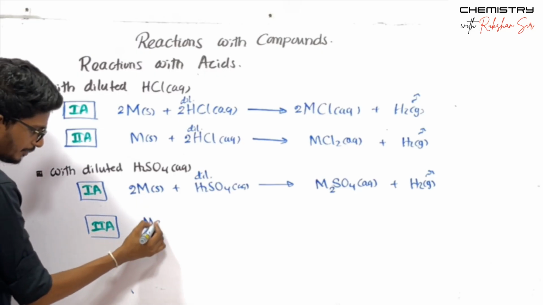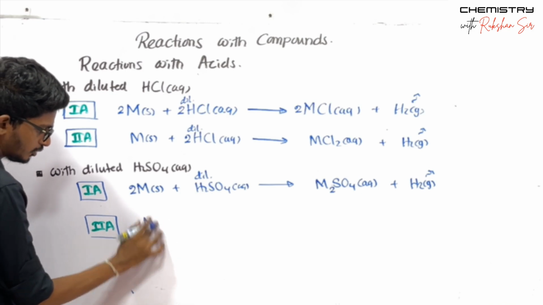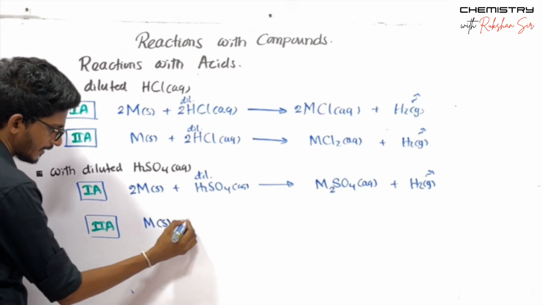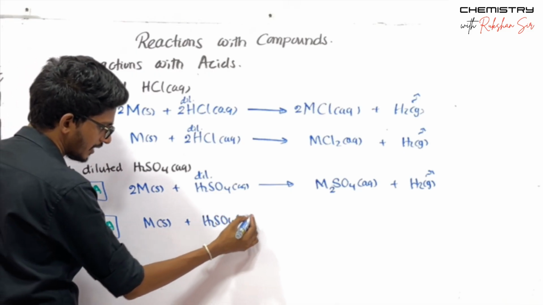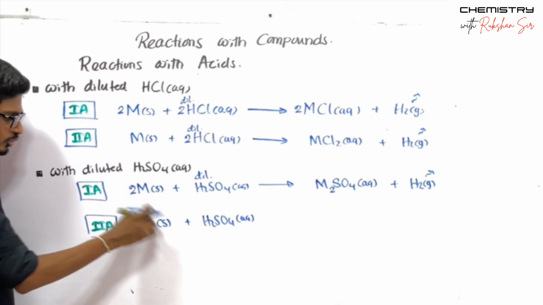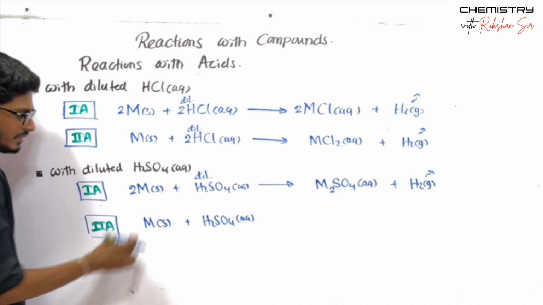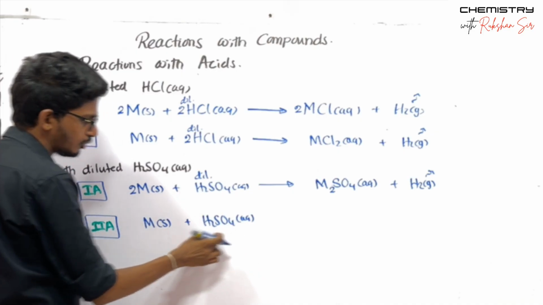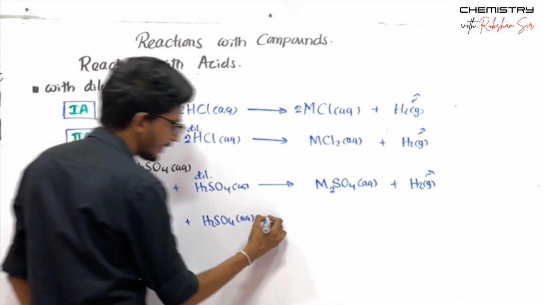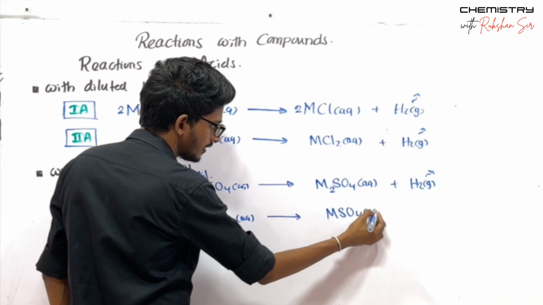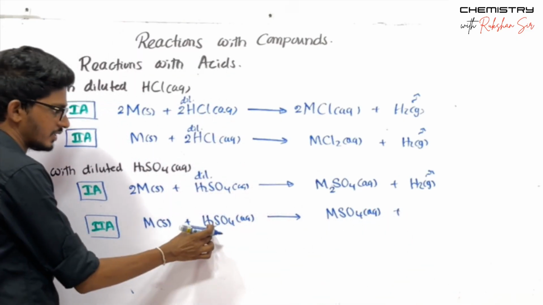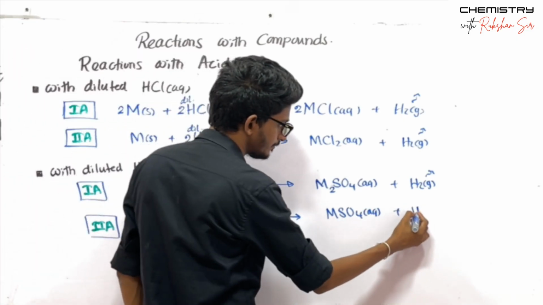So if you are coming up with magnesium, a group 2 element, with H2SO4, the same logic can be applied. M2 plus coming from oxidizing the M will connect with the SO4 ion here. So that is MSO4 as the salt, and H plus from here will get reduced to H2.